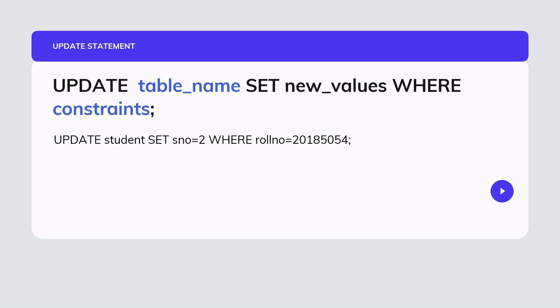For example, update student set serial number equals 2 where roll number equals 2018 5054. What this example means is that for the record whose roll number equals 2018-5054, set the serial number of that record to 2, change it to 2. That is the meaning of this statement.